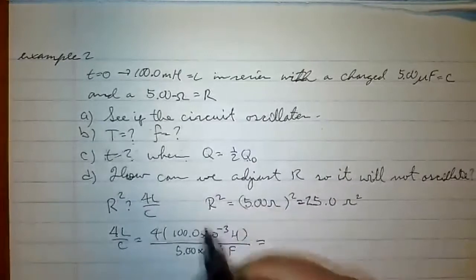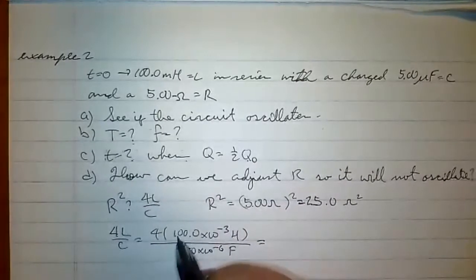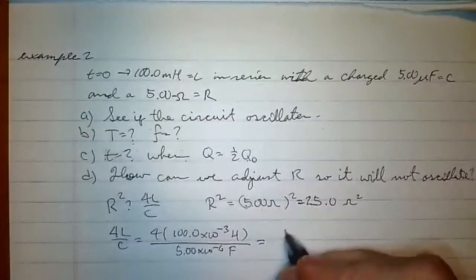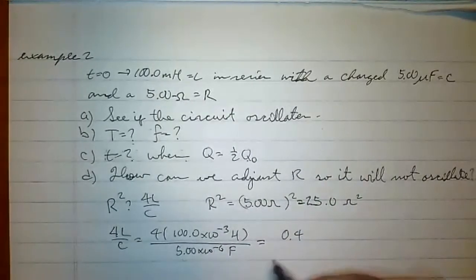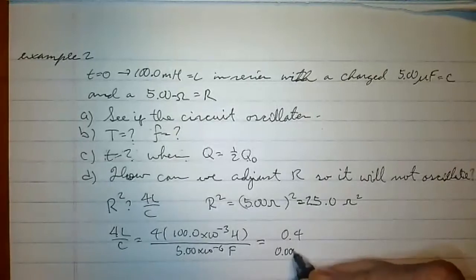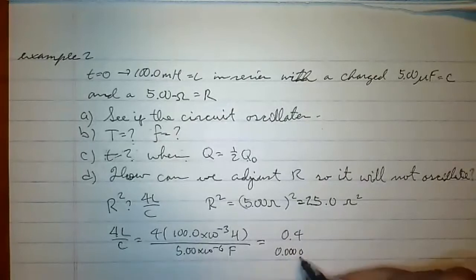And 4 times, basically that's going to be 0.1, so that's 0.4 over 5 times 10 to the negative 6 would be 0.12345. So I got to go 5, 1, 2, 3, 4, 5 like that. So that's 1, 2, 3, 4, 5, 6.